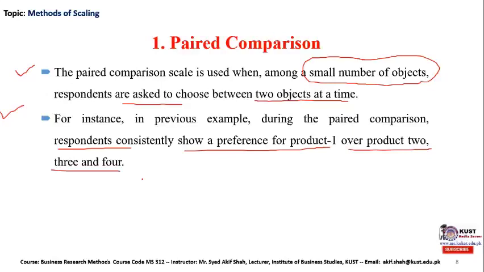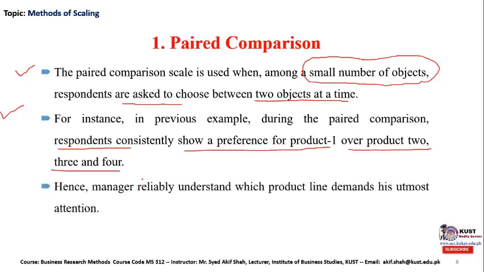In these three paired comparisons, the researcher may elicit the desired answer to know how many people prefer to give the utmost attention to the first product line in this organization. Hence, the manager can reliably understand which product line demands his utmost attention. So we can compare two objects with each other so that the respondents select one product in comparison to the other in order to have the desired outcome or desired attitudinal response from the respondents.